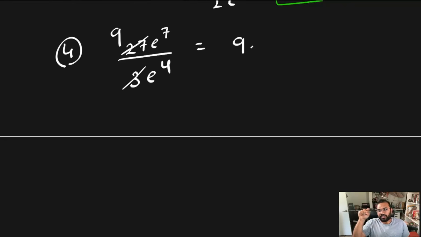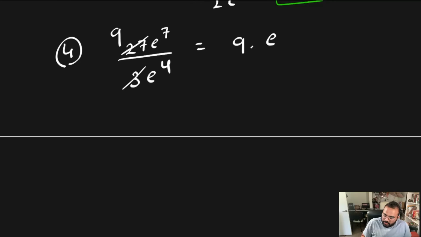That means you have 7 e's in the numerator and 4 e's in the denominator. So you can do 7 minus 4. And 4 is coming to the numerator, but the sign for 4 is changed from plus 4 to negative 4. So that is 9 times e to the power of 7 minus 4, which is 3. So the answer is 9 e cube.